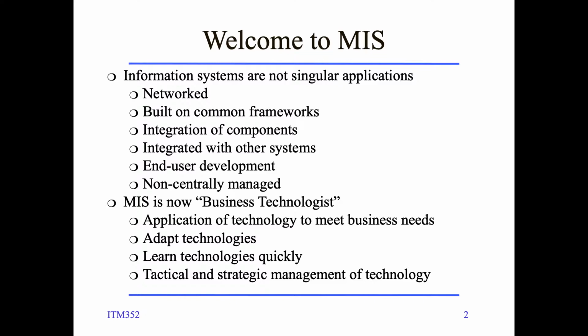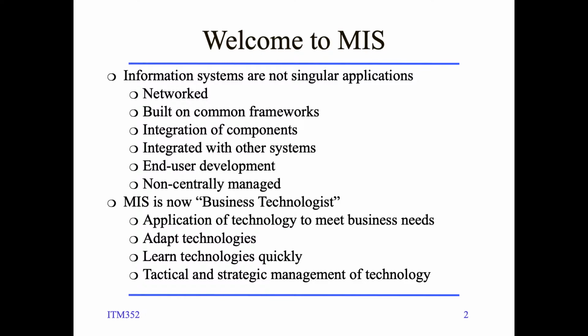It's probably no surprise that most information systems are networked and can communicate with each other. They are built on a common variety of frameworks that make it easy to use and extend. They integrate a number of different components, and they also integrate with other systems.